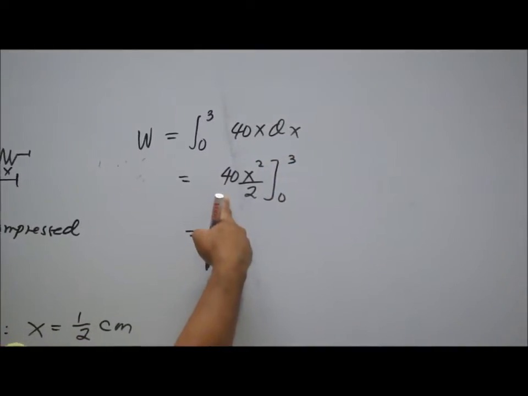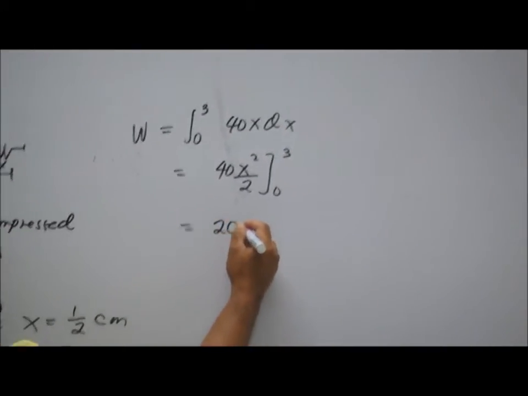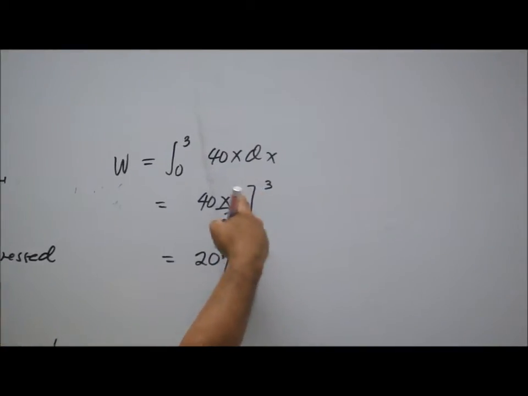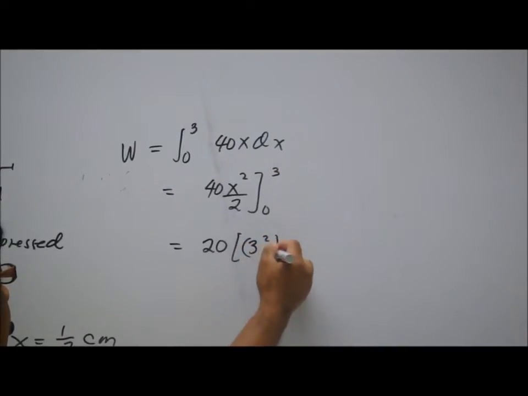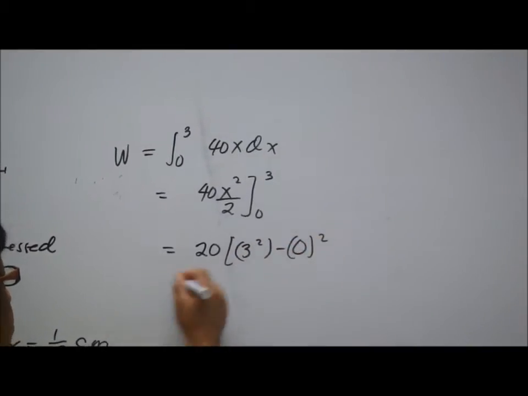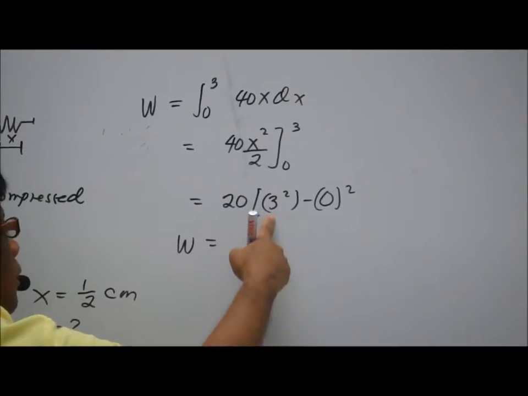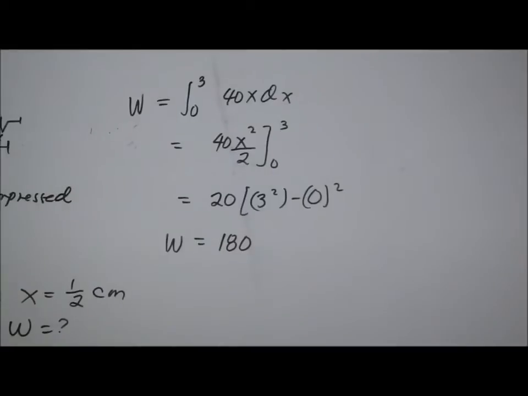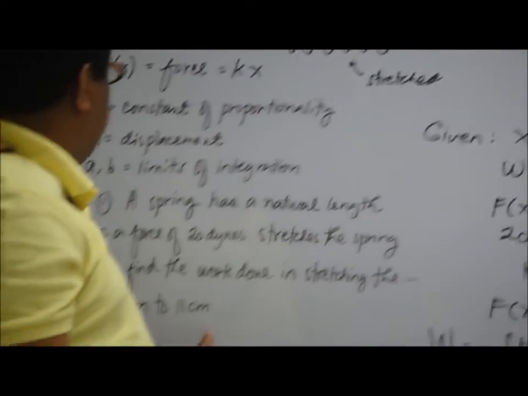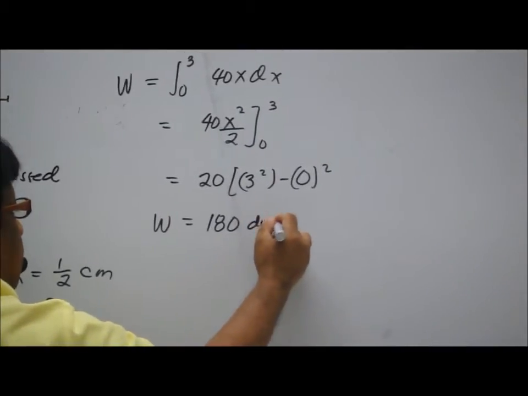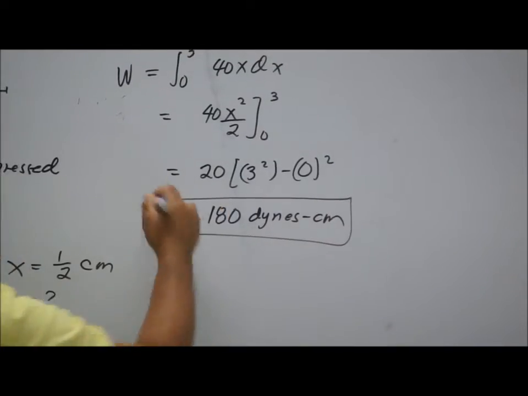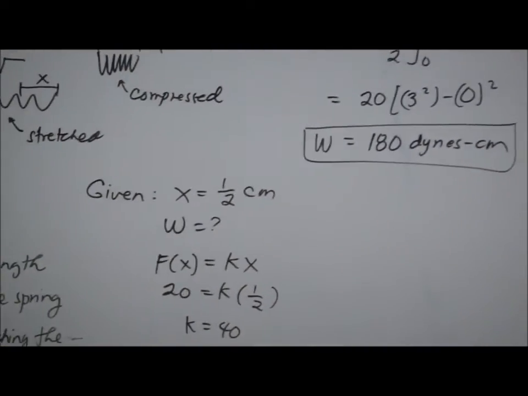Then simplifying, we have 20 times the upper limit, which is 3 squared minus 0 squared. The work done would be 3 squared is 9 times 20, that is 180. And what will be the unit? The unit will be in ergs. So this is the work done for this given problem.